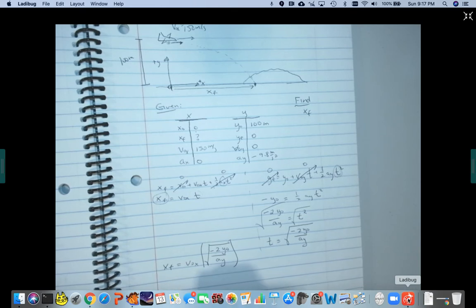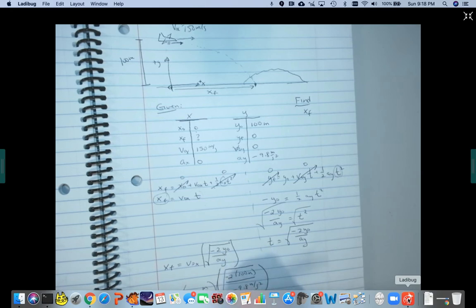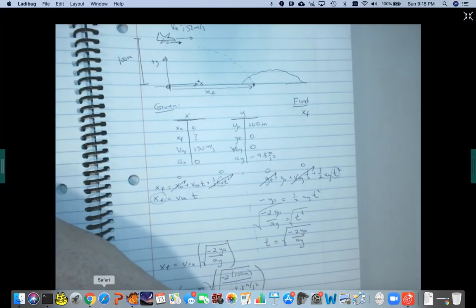So 150 meters per second is my horizontal velocity. And then I get the square root of minus 2, don't lose that, y0 is 100 meters, gravity is minus 9.8 meters per second squared. Let's plug into Python.